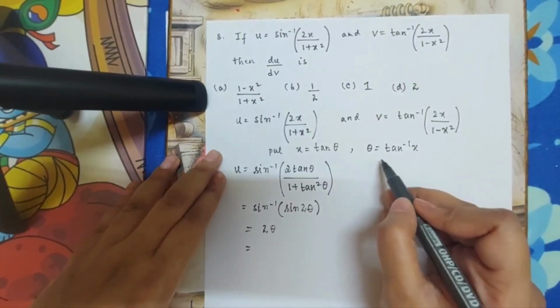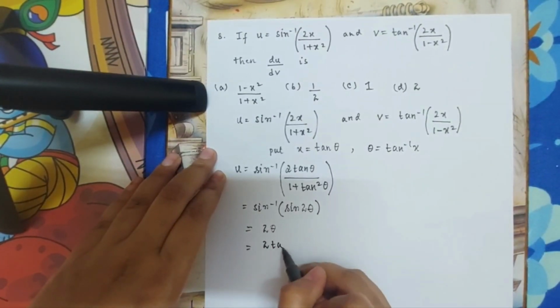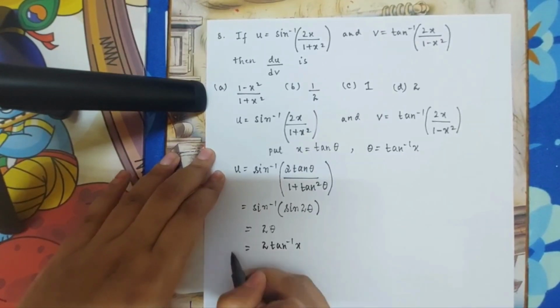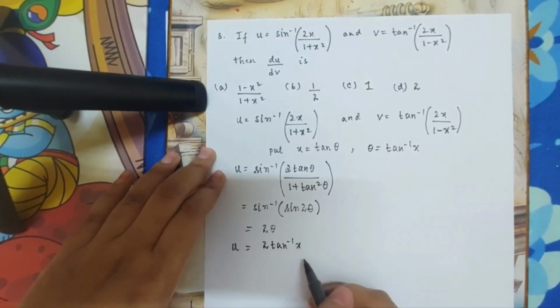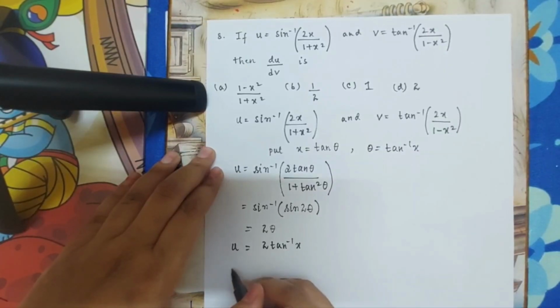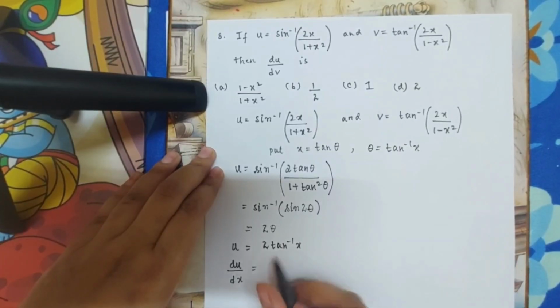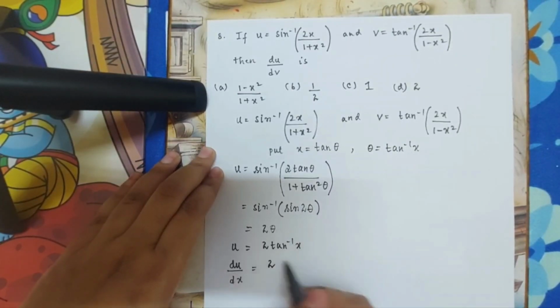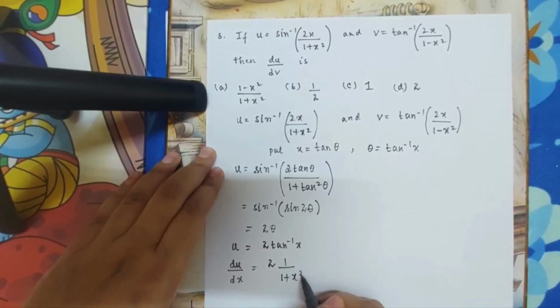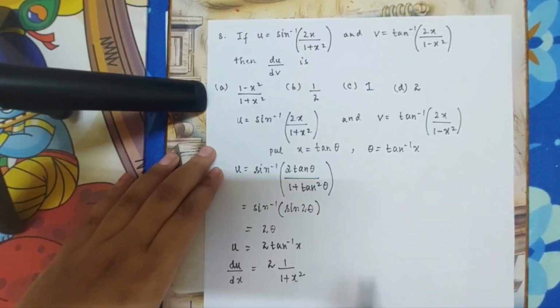Now what is the value of theta that we have taken? Theta will be tan inverse x. So u is 2 tan inverse x. Now if I differentiate this u with respect to x, that is du by dx, the differential of tan inverse x is 1 by 1 plus x square. So du by dx is 2 divided by 1 plus x square.